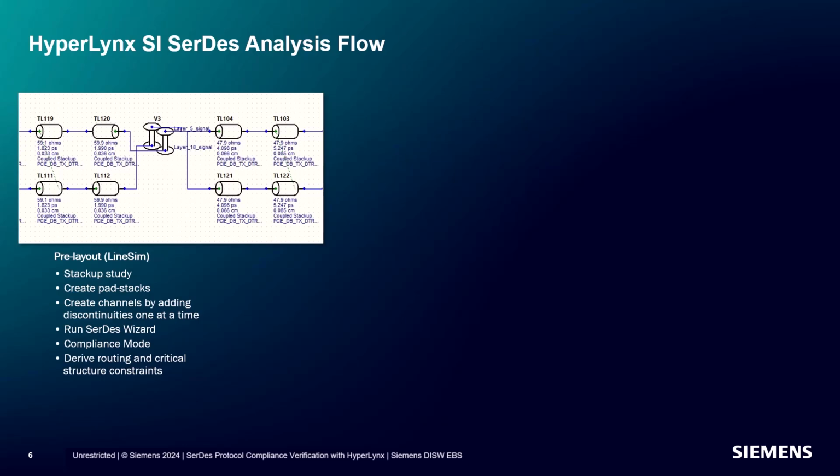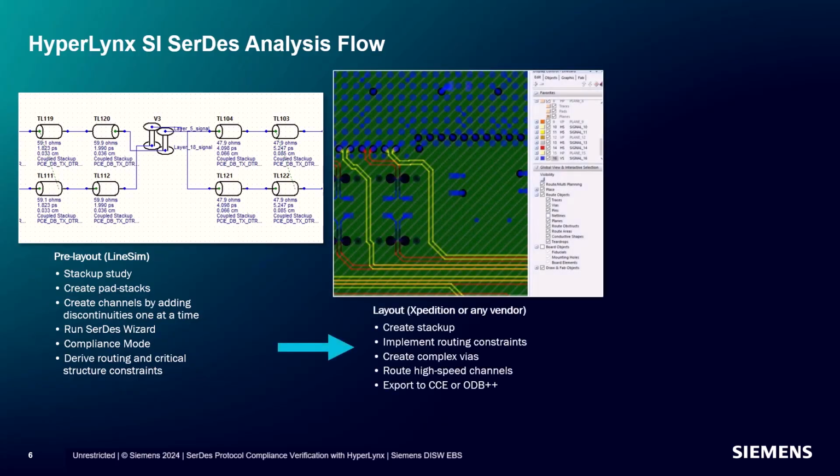These channel models are used to drive topology exploration, evaluating layout alternatives, and introducing additional design features by adding one discontinuity at a time. Automated protocol compliance analysis is used to evaluate the channel model and assess it for operating margin.